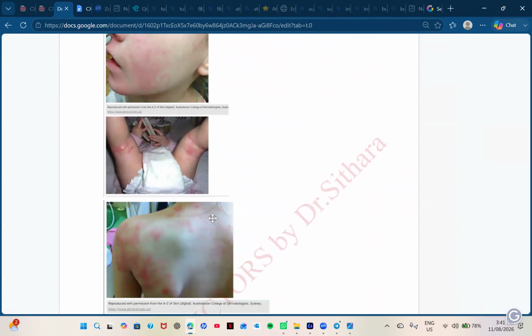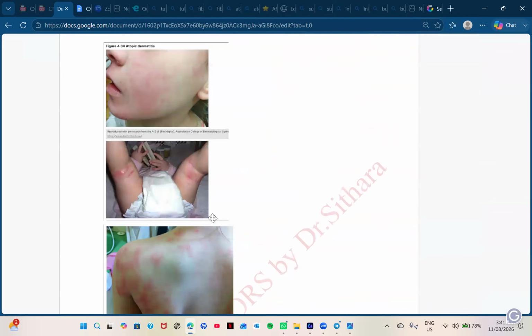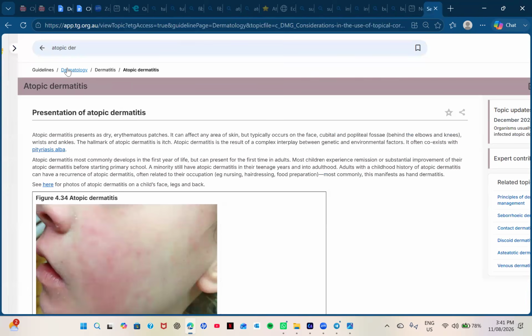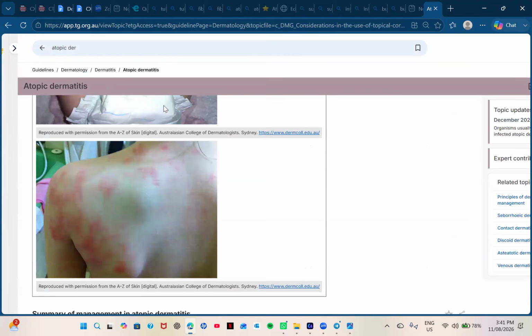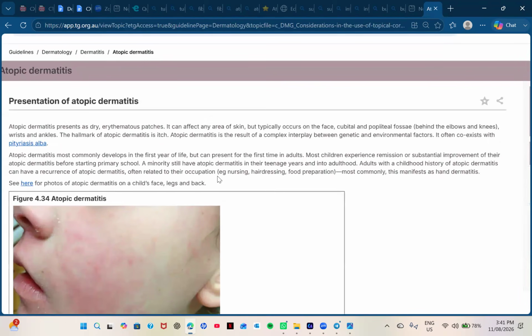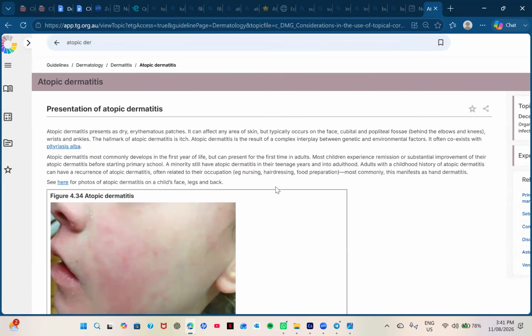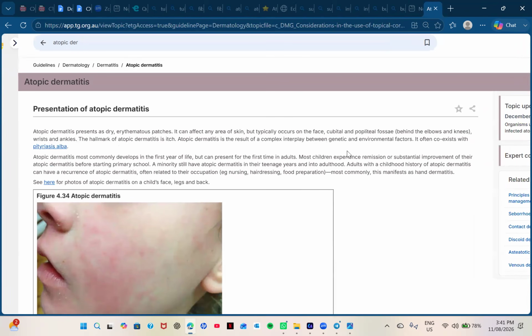Can you see the pictures? What is the presentation of atopic dermatitis? It usually develops in the first year of life, but can present for the first time in adults.